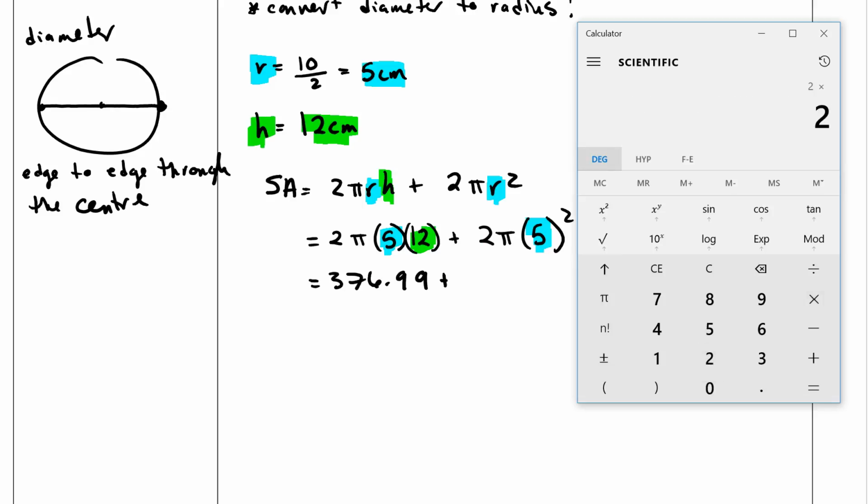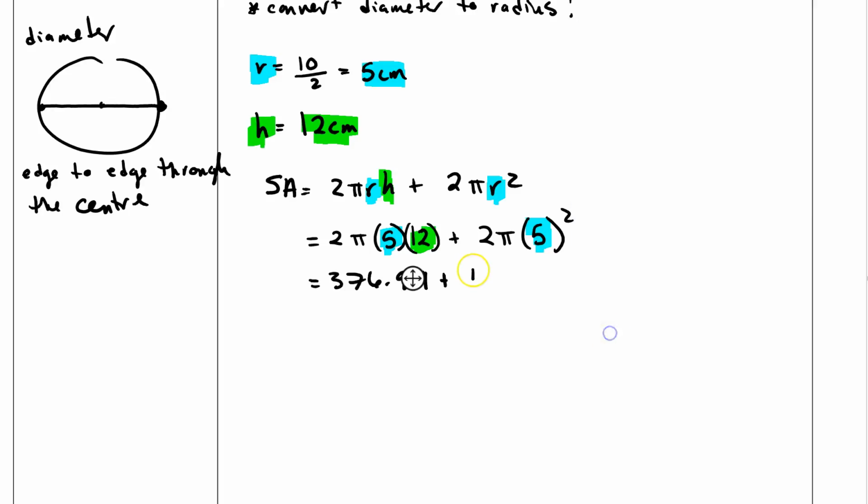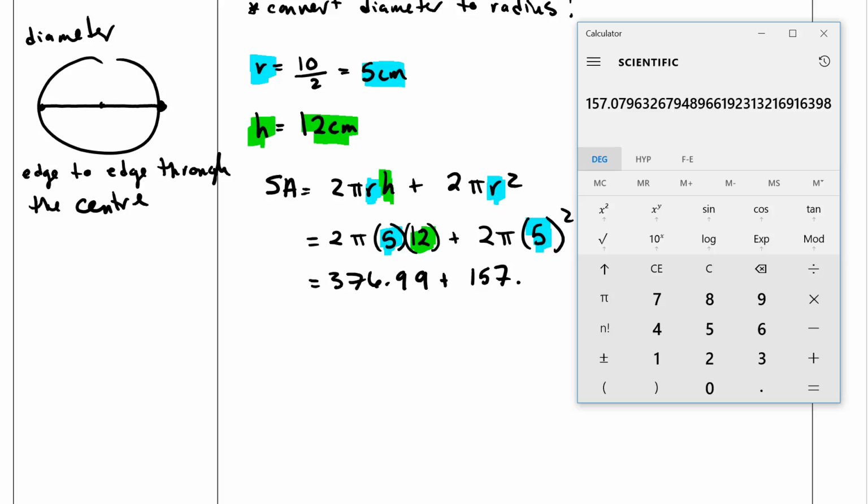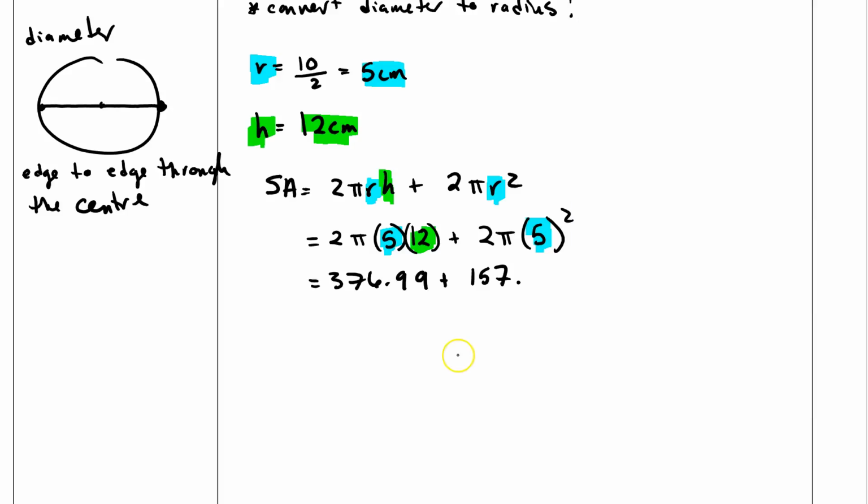So 2 times pi times 5 squared equals 157.08.